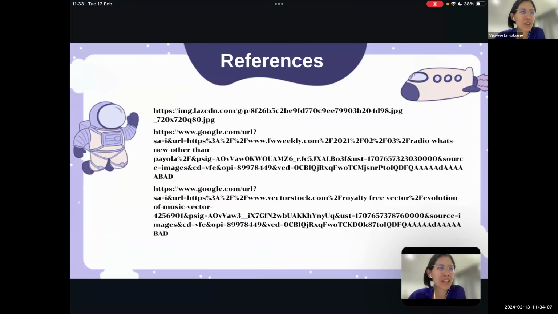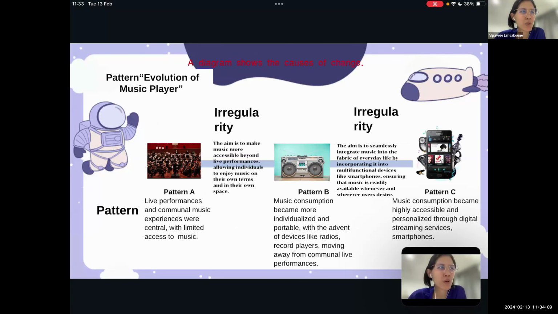Okay, I'm going to discuss a little bit the change within pattern. I saw that you mentioned for the first one, it is live performance and communal music experience with limited access to recorded music. The objective of this column is actually the change within pattern. For example, within the pre-20th century pattern, what are the changes within that pattern?